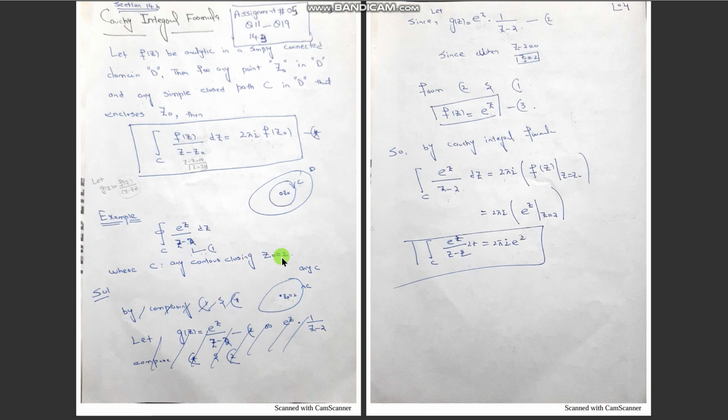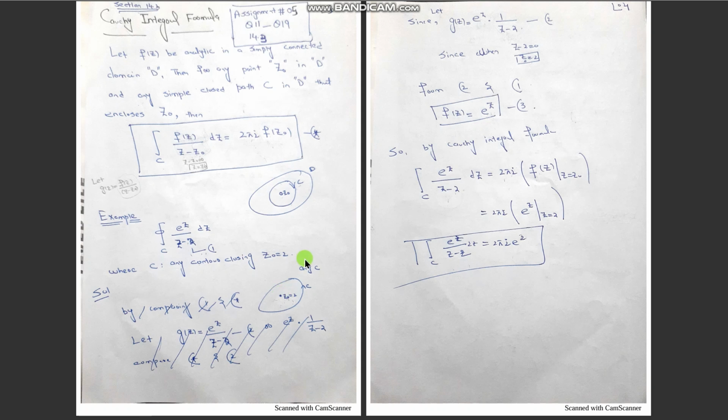Meaning that z naught equal to 2 lies inside C. The singularity of this function is 2. If we put z equal to 2 here, the function is undefined. So z equal to 2 is a singularity, and it lies inside C. Here we cannot use the Cauchy integral theorem, we will use Cauchy integral formula.